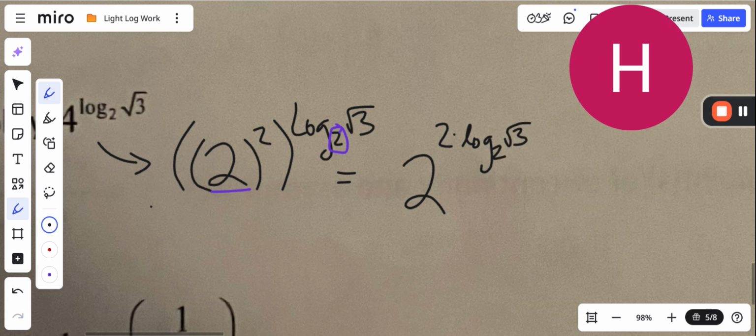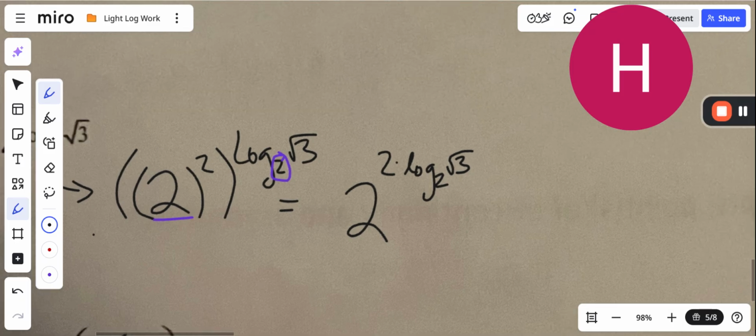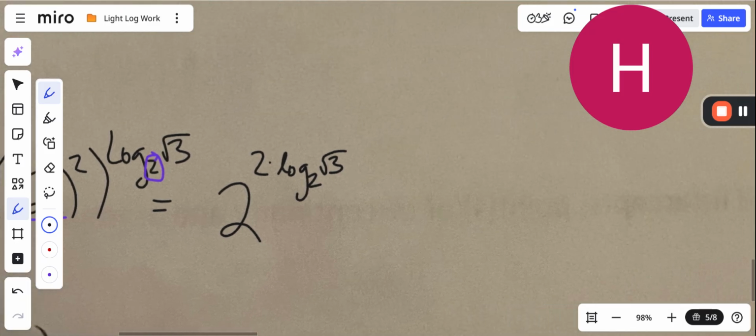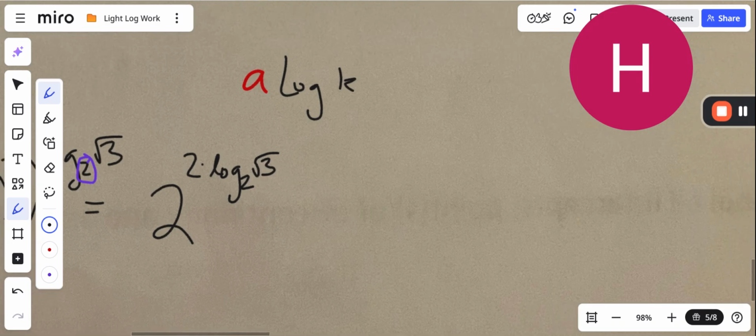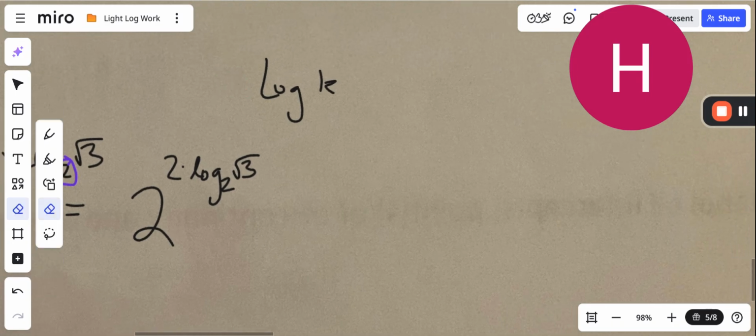And here's where we really start to see some nice simplification, because there's a nice property which says a times log of k. Usually it's flipped around, to be honest.